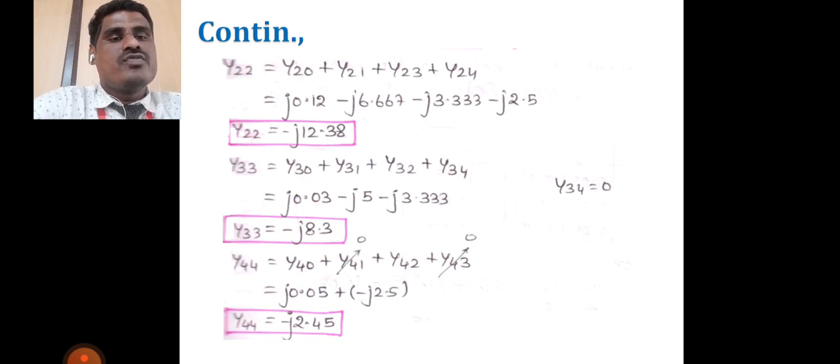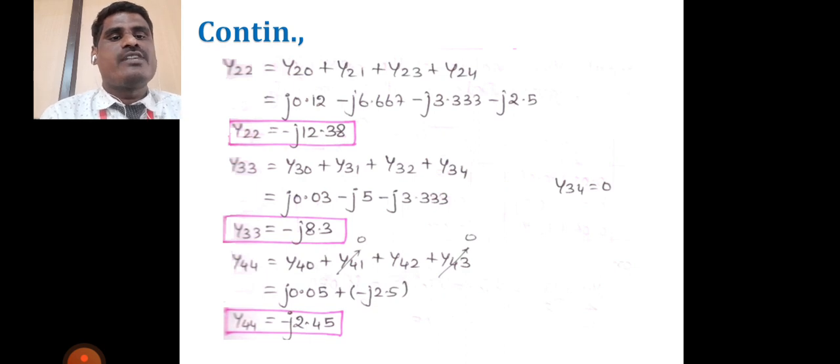Finally, we get y22 equal to minus j 12.38.